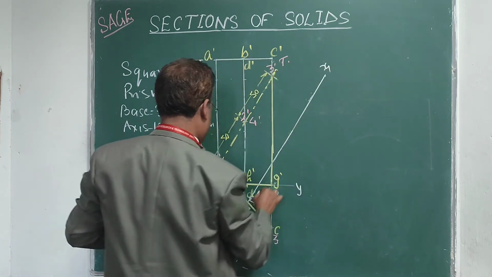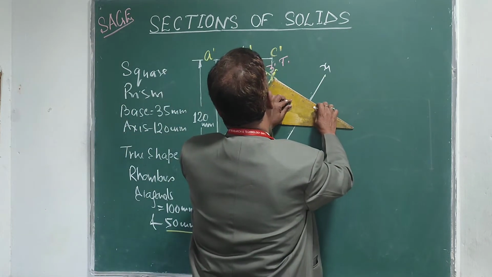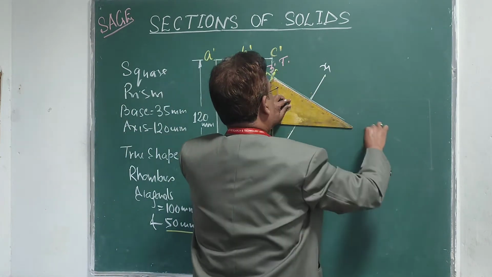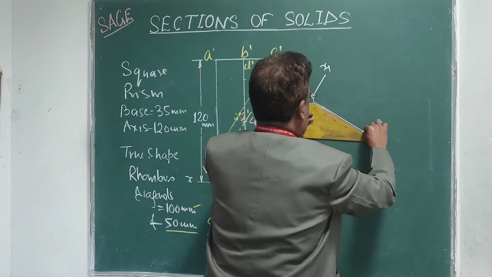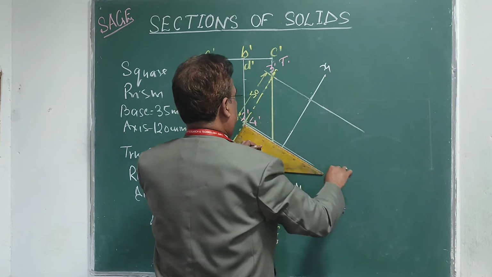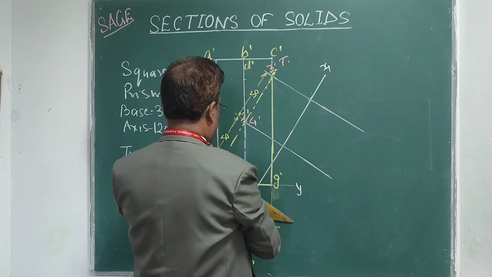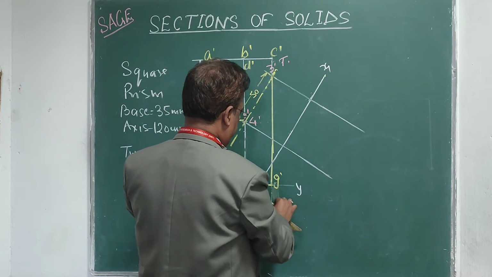That is my x1 y1, and on this x1 y1 I will project these points 1, 2, 3 and 4. So from 1, then from 2 and 4, and finally from 3.